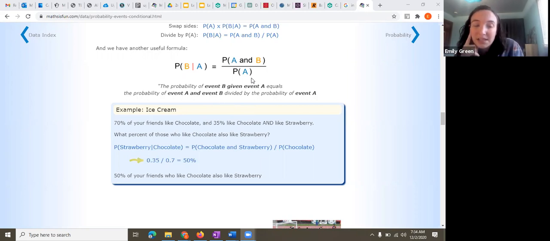Now remember that that is going to be either 35 divided by 70 or, like they did here, 0.35 divided by 0.7. Either way, when you divide it, you get 0.5, and 0.5 can be written as 50%.